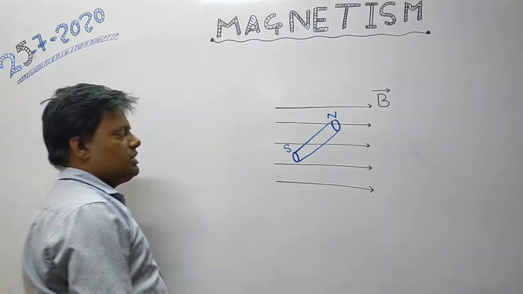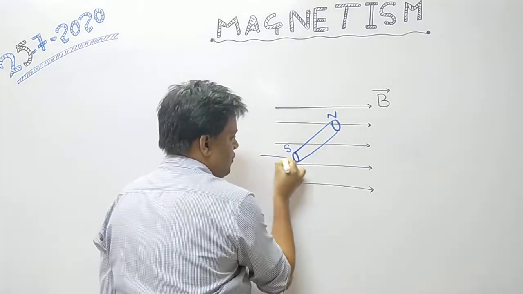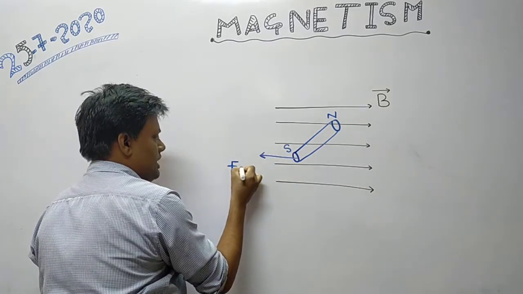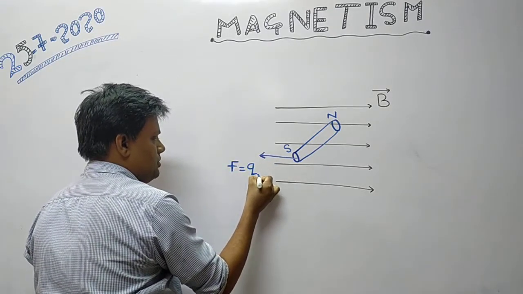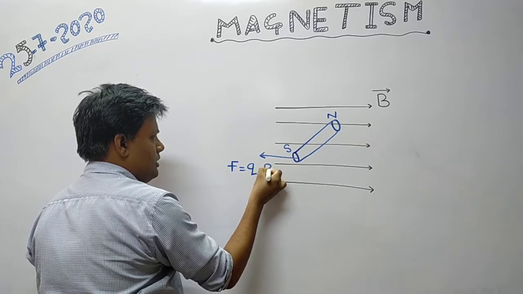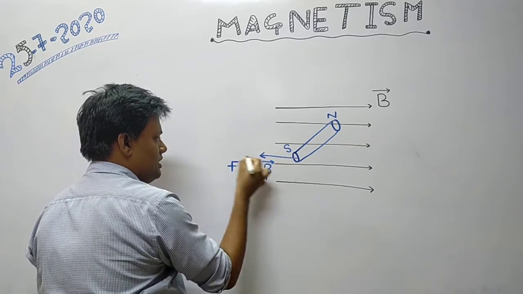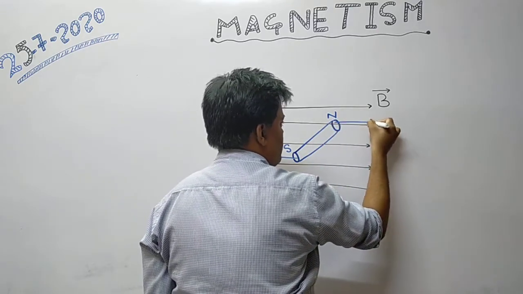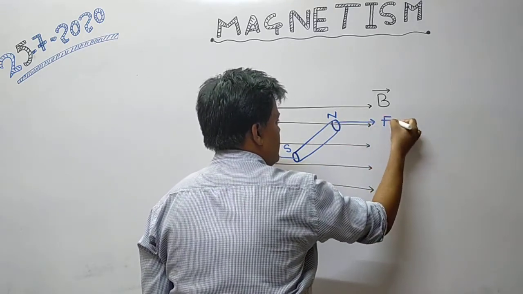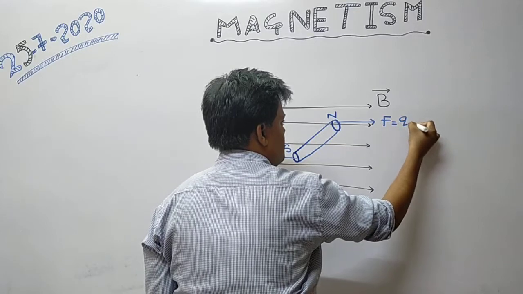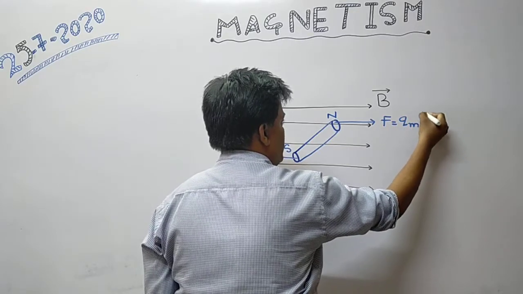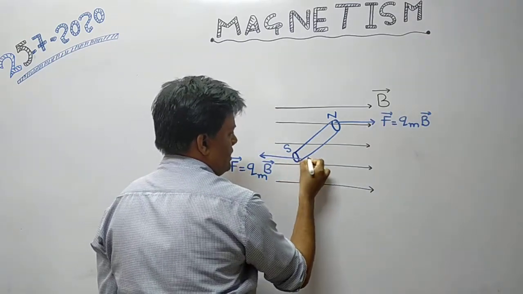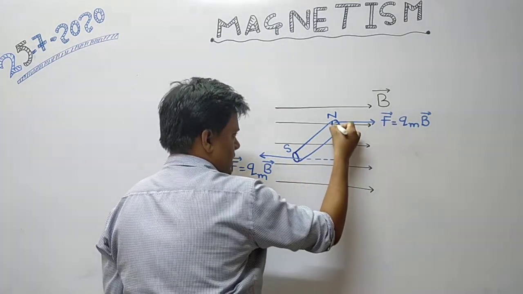Having the pole strength Qm, the force on the south pole will be in this direction, given by F equals Qm into B, and the force on the north pole will be in this direction, given by F equals Qm into B. Now take a line of action.